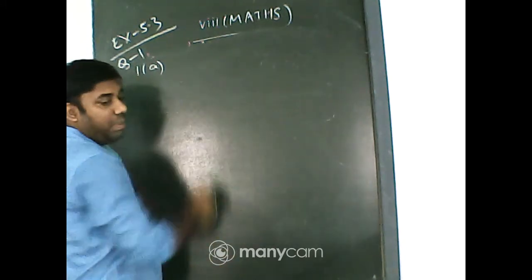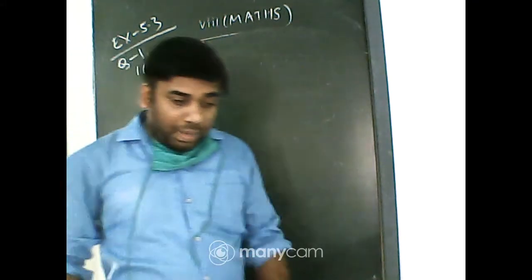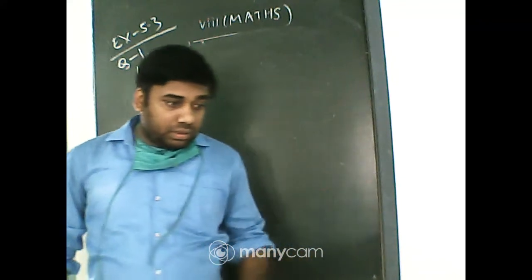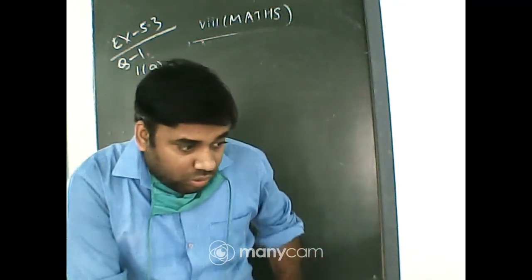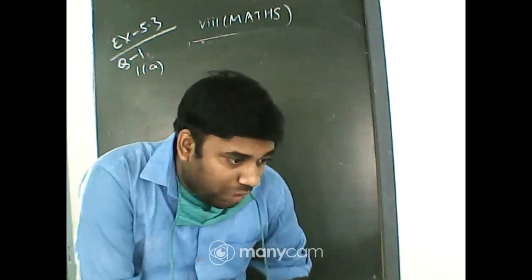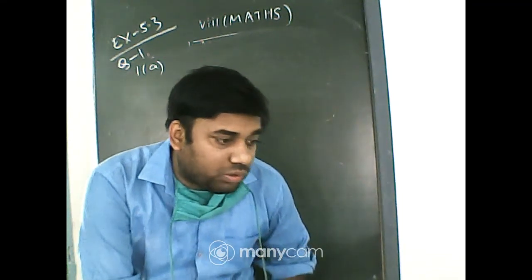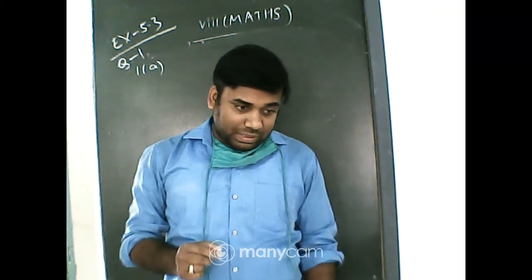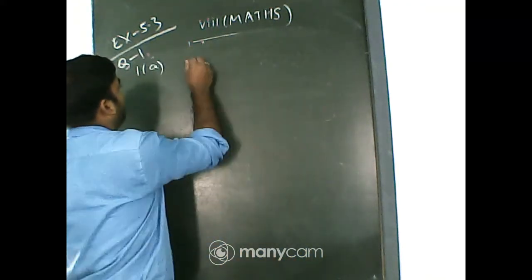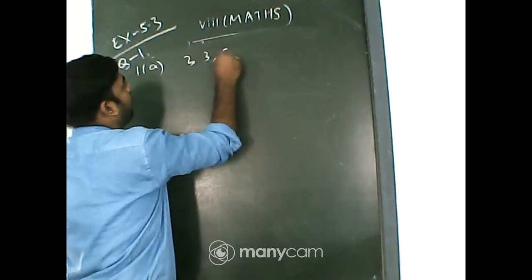So what are the prime numbers when a die is thrown? Not probability. It is asked only the outcomes, not probability. So for prime number, that is 2, 3, 5.